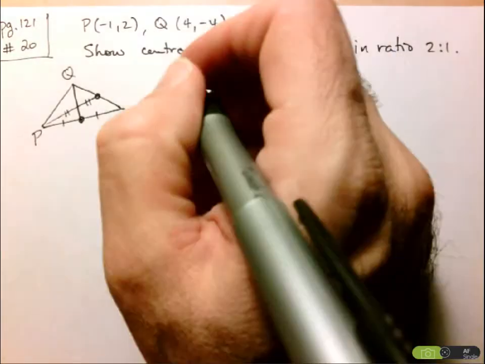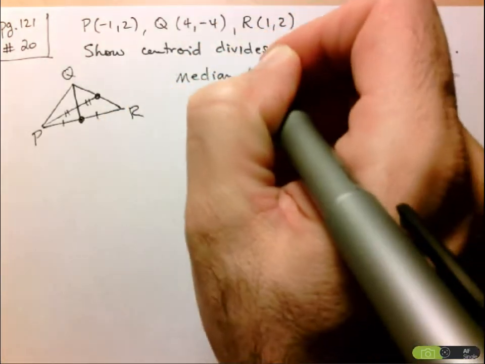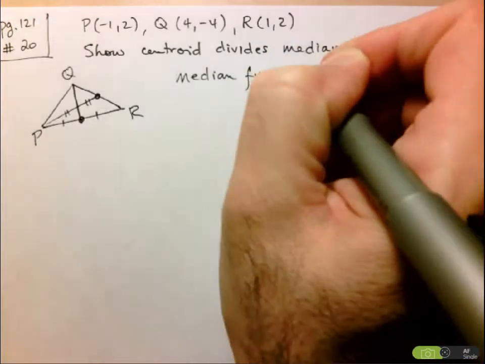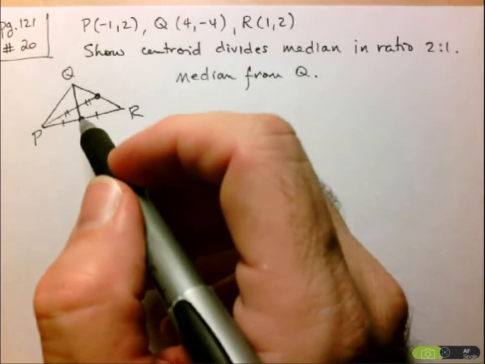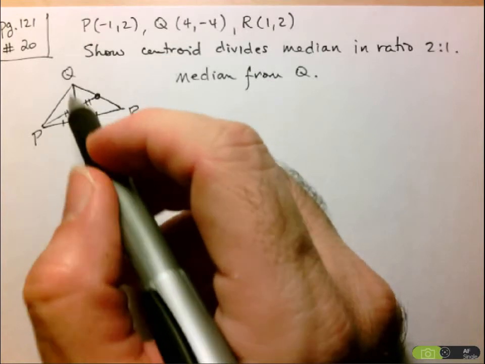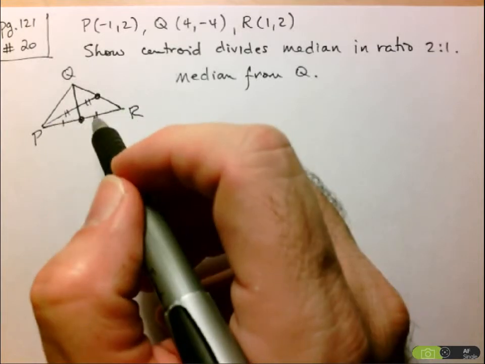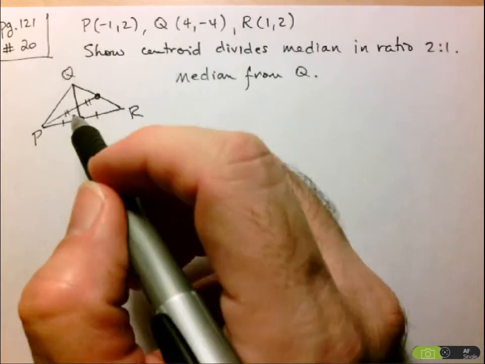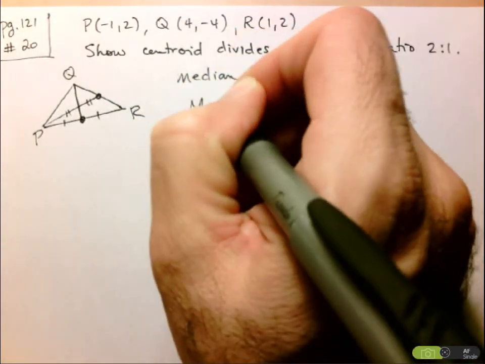So let's find the median from Q, we'll call it. I know that this line is going to pass through these 2 points. Not necessarily perpendicular, keep that in mind, but it passes through Q and the midpoint of PR. So the first thing I'm going to do is find the midpoint of PR.